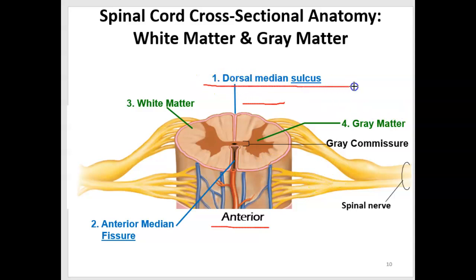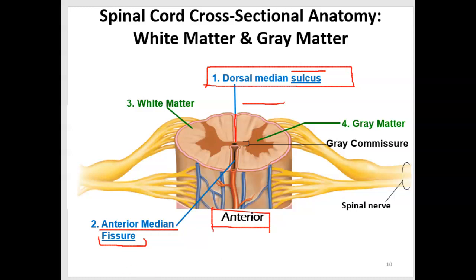On the dorsal side, this is just a shallow, or narrow, I should say, sulcus. So not much of a space exists between right and left. But anteriorly, or in the front, or ventral, you see a pretty wide split called a fissure. At least it's more noticeable. So that's called the anterior median fissure.